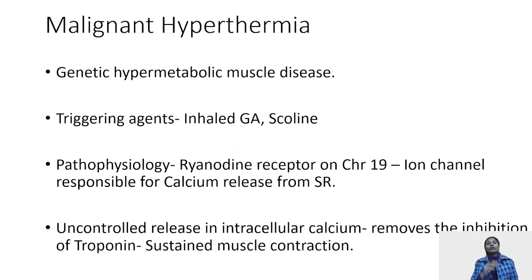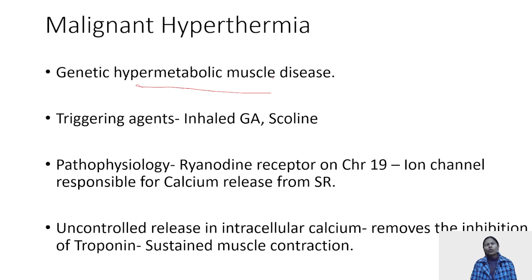Then come to yet another very rare condition, but still very much asked condition. That is malignant hyperthermia. See, when we talk about malignant hyperthermia, it's a genetic hypermetabolic state. What happens is that there is a triggering agent which could be your inhaled anesthetics or succinylcholine.